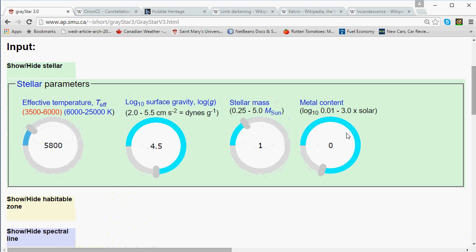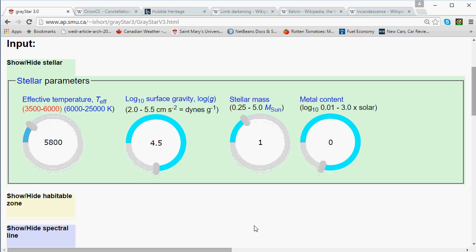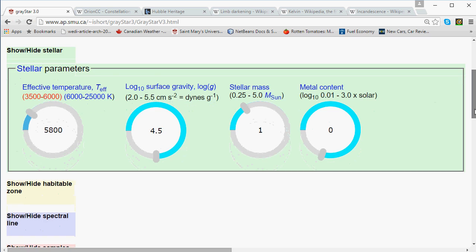In that first panel we have four control knobs that control the simulation, that tell Greystar 3 what kind of star we want to simulate. In today's video we're only going to need to think about the first knob, the knob on the left here. I'll come back and say more about it in a few minutes.